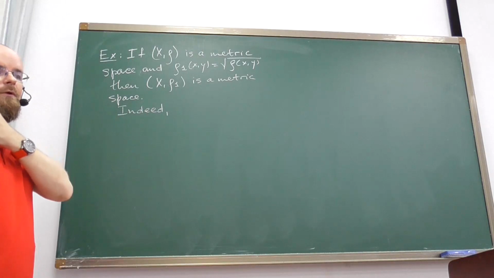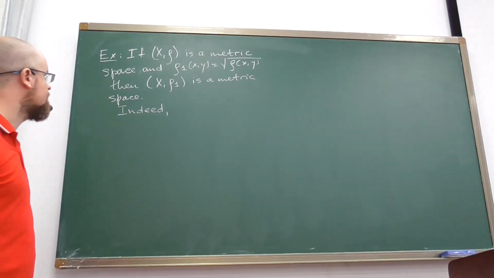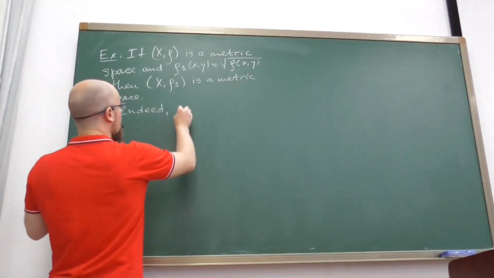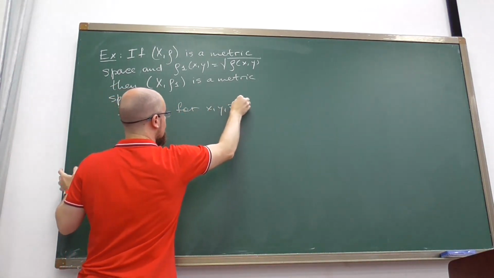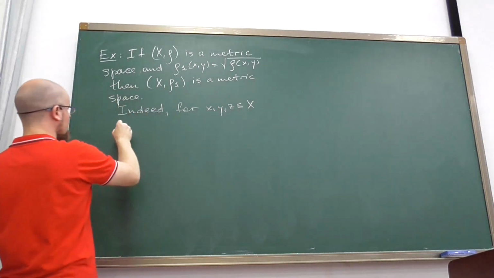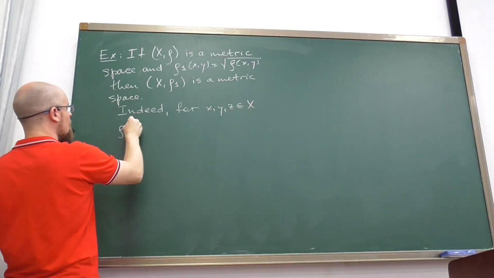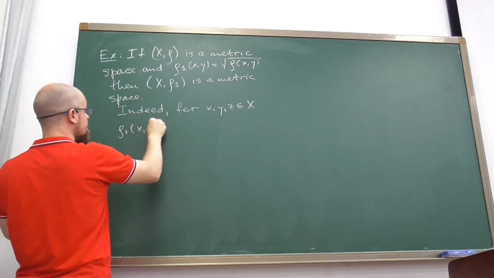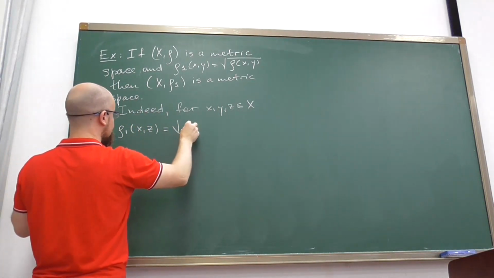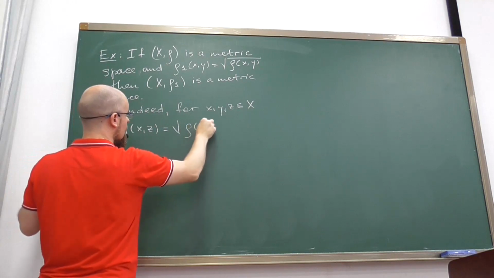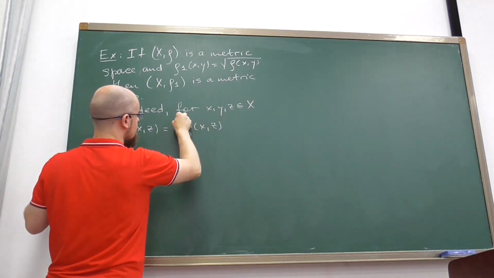The triangle inequality is the most interesting. Let's take 3 points and consider rho 1 of x, z, which is the square root of rho of x, z.